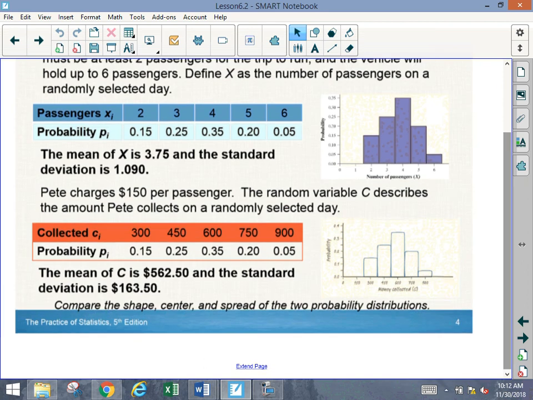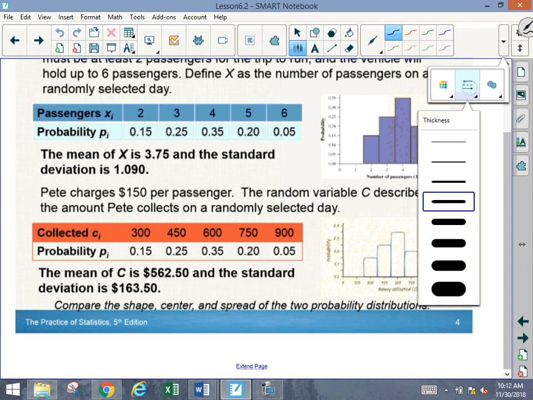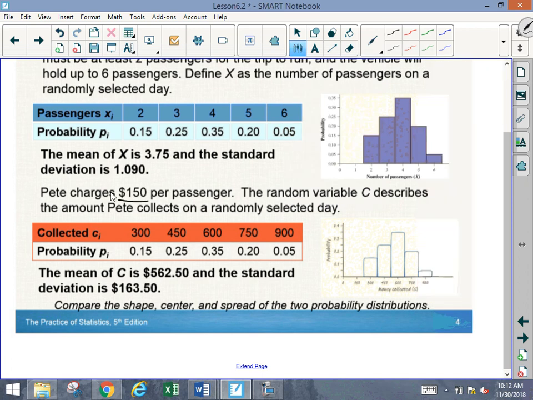So if we look at it, the shape is about the same. Our center has been transformed by our multiplier, as has our standard deviation, right? Since he's charging $150 per passenger, all this is the number of passengers times 150.